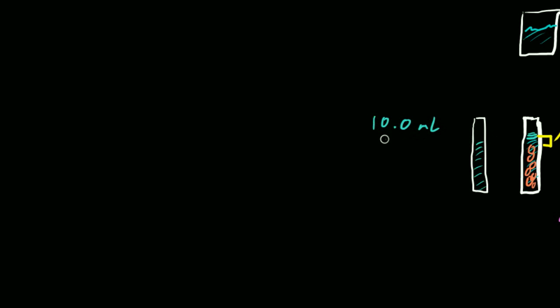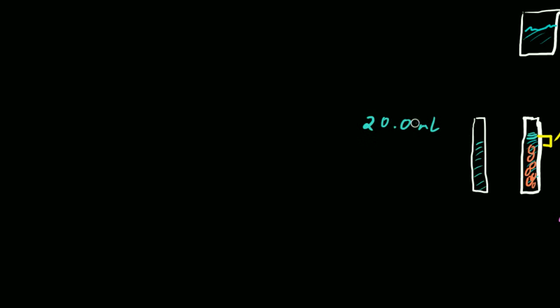But we're just going to imagine that with 10 milliliters of water in our graduated cylinder, we are able to completely cover all of, and actually, you know what, I'm going to change this. Let's say instead of 10 milliliters, let's actually say we had 20 milliliters for this second trial.